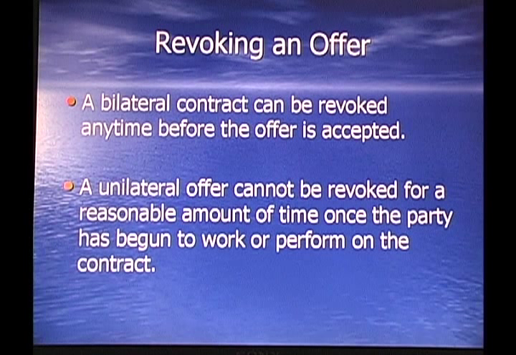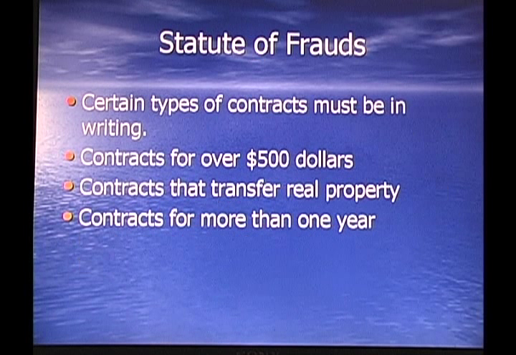Revoking an offer: a bilateral contract can be revoked any time before the offer is accepted. A unilateral offer cannot be revoked for a reasonable amount of time once the party has begun to work or perform on the contract. Statute of Frauds: certain types of contracts must be in writing.